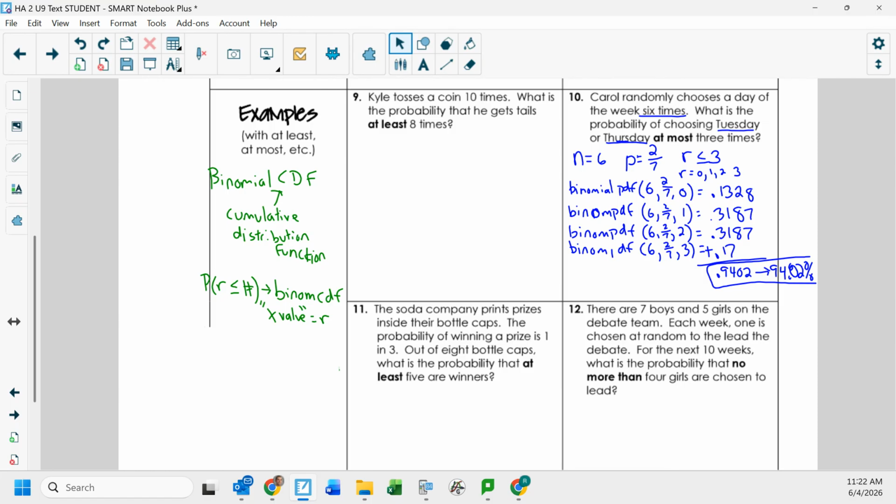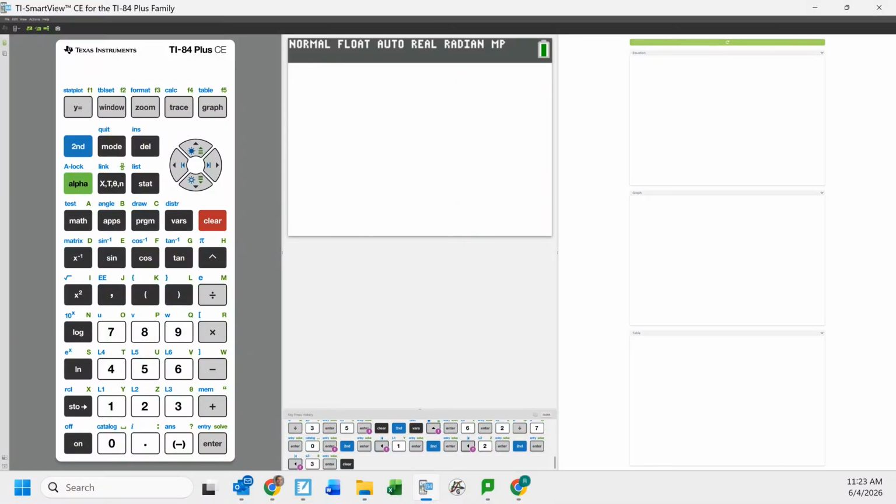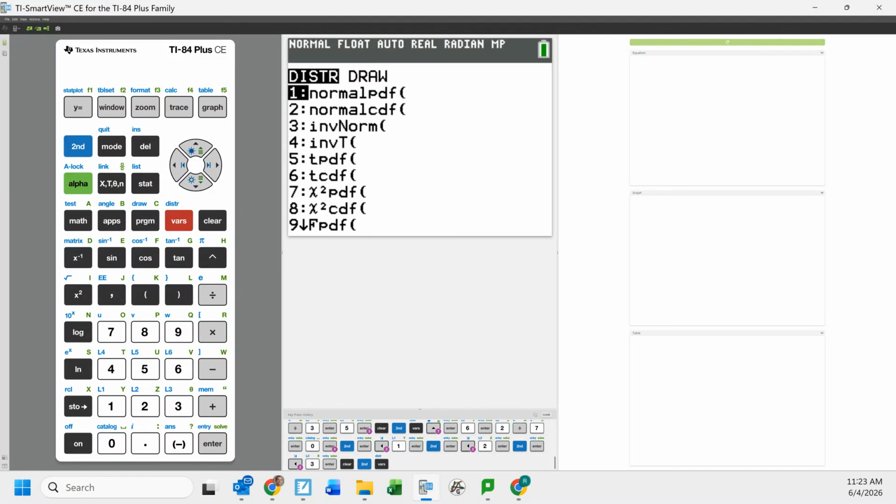So the other way we could do this in one step, instead of doing multiple, is we can now write this as a binomial CDF, and we're doing 6 as our number of trials, probability 2/7, and then our x value is whatever the largest value of r can be, which is 3. And if we look at how to do this, we would go, again, second distribution.